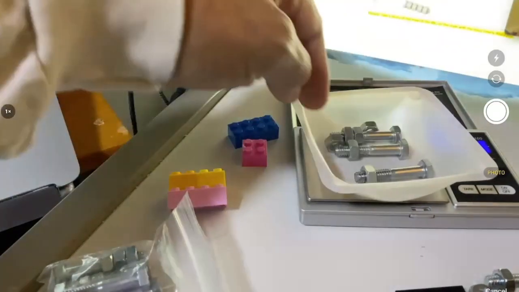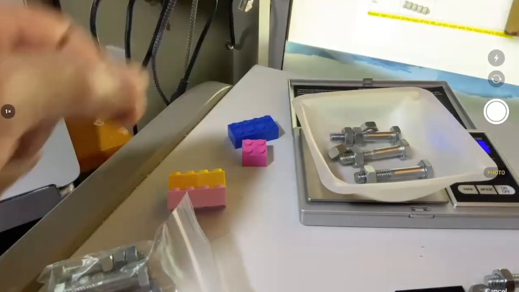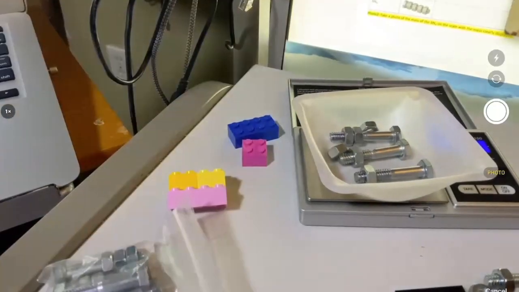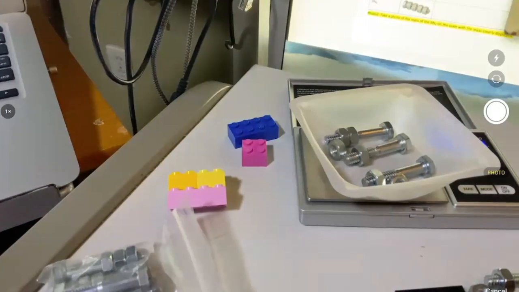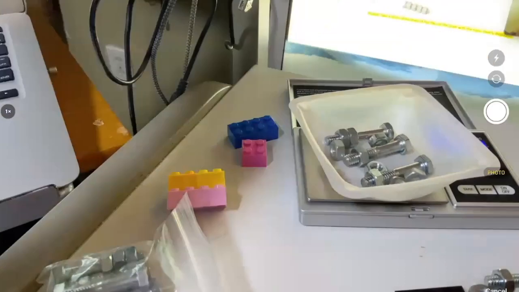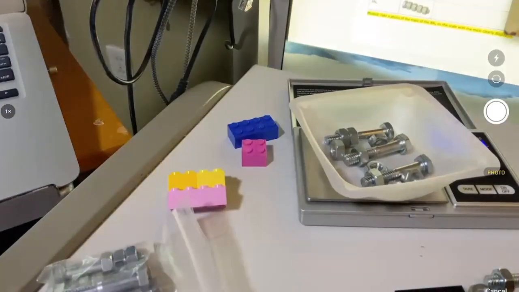So right now, if you look right there, I've got 1, 2, 3 BN2s, but I don't have enough hardware for a BN3. So what I'll just do is weigh 3. 1, 2, 3. That would be a BN3. I would read that mass and divide by 3 instead of 4 because I don't have enough for 4.